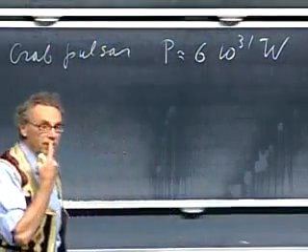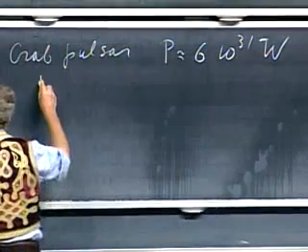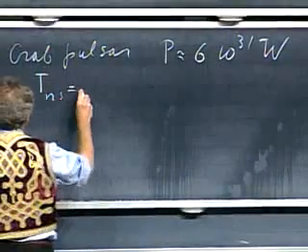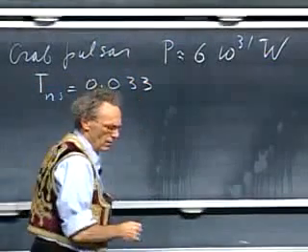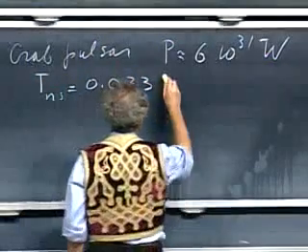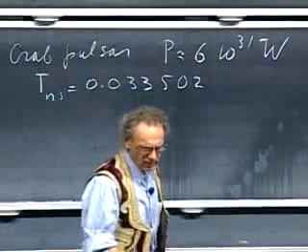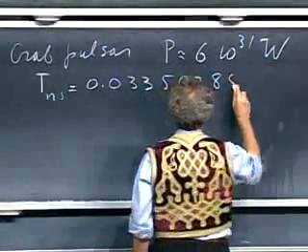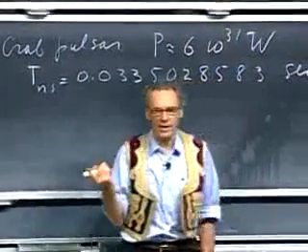We know the period of the pulsar to a very high degree of accuracy. The period of rotation of the neutron star is 0.03350250285838583 seconds. That's what it is today.